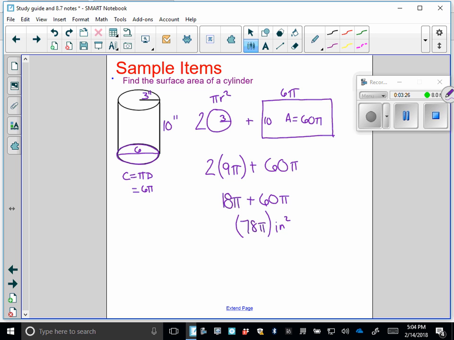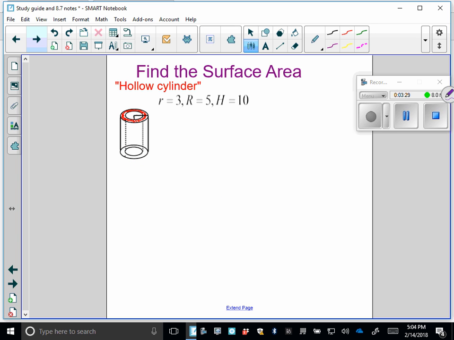So the next thing is, what if the cylinder has a little bit of a hole bored through it? In other words, kind of like a pipe with thickness. So we really have more surface area, because we have the surface area of the outside, and then we have the surface area of the inside.